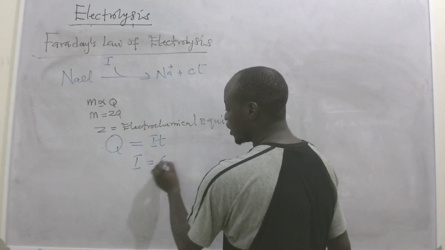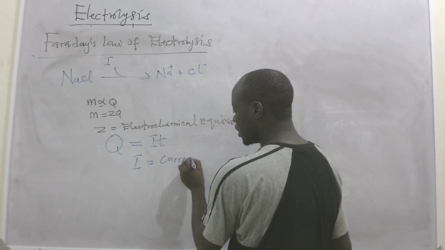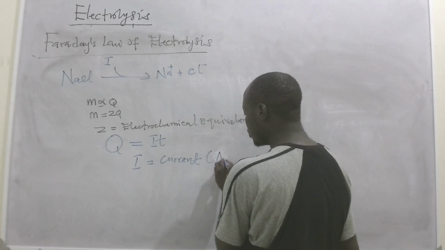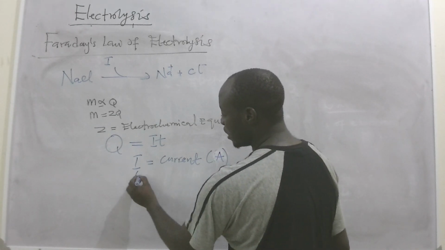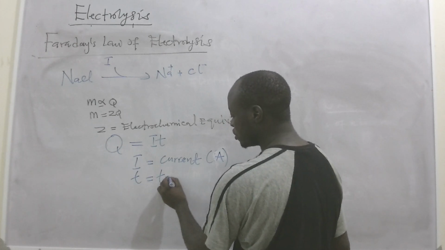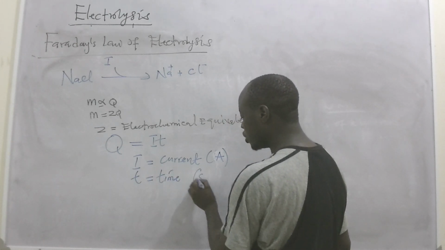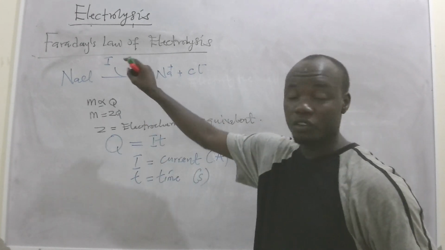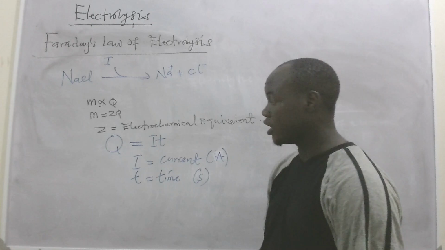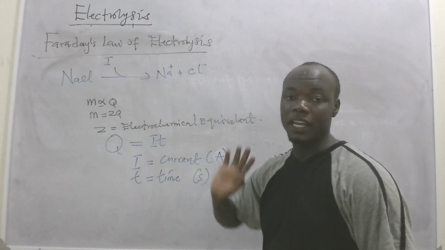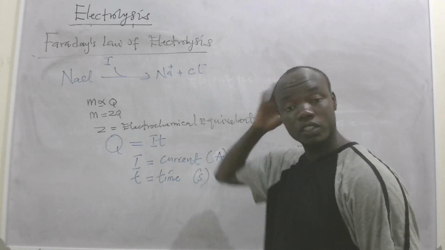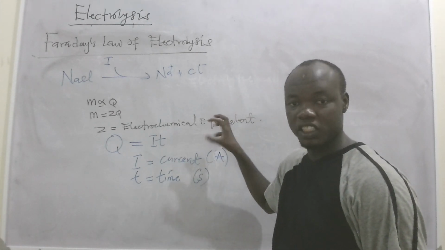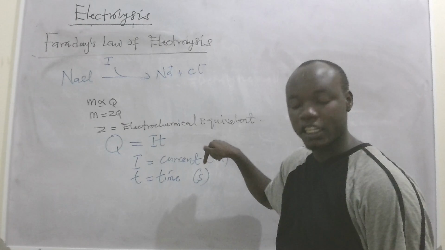The I stands for current, which is measured in amperes, and T is time, which is measured in seconds. So the mass of an element discharged during electrolysis is dependent on this quantity of electricity. We are now going to look at some questions and we'll solve them in the next video.